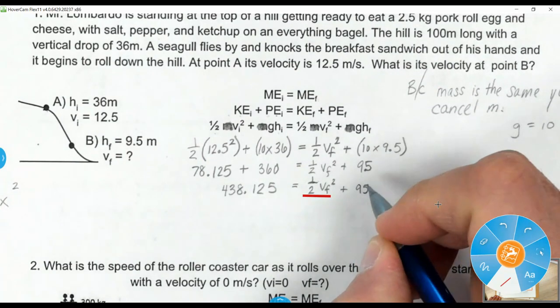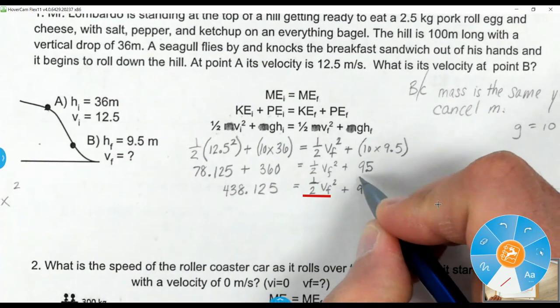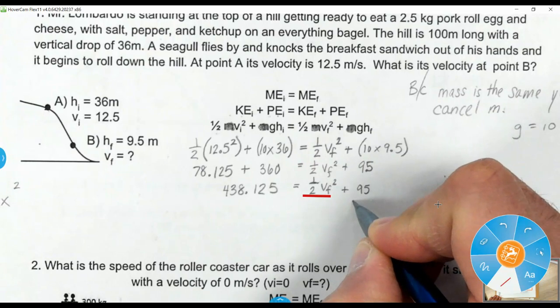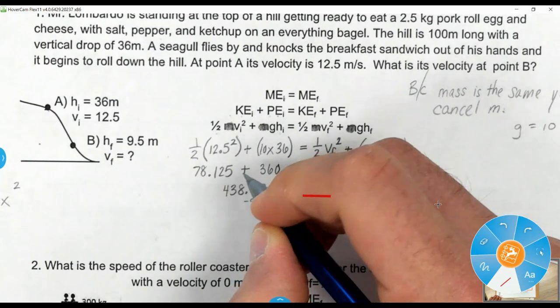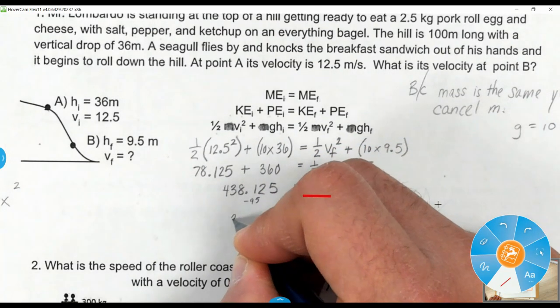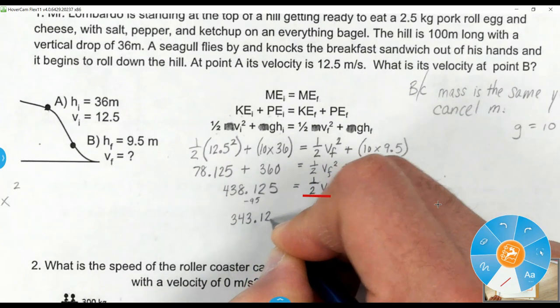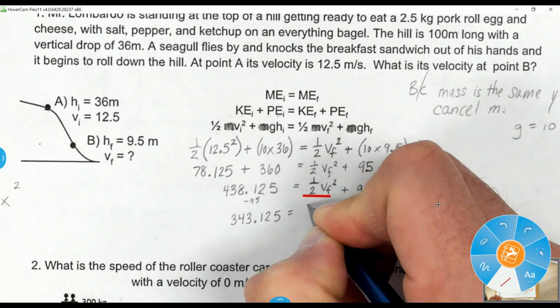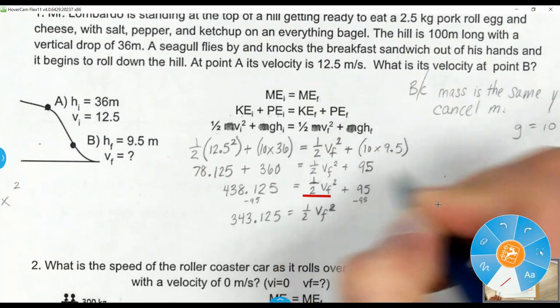Correct. And since the 95 is not multiplied by it, we're not dividing by 95, you're going to subtract 95 from both sides. Now the number becomes 343.125 is equal to my 1/2 v_f squared.